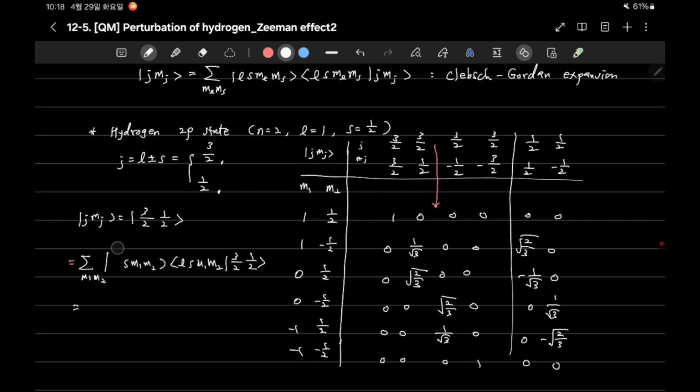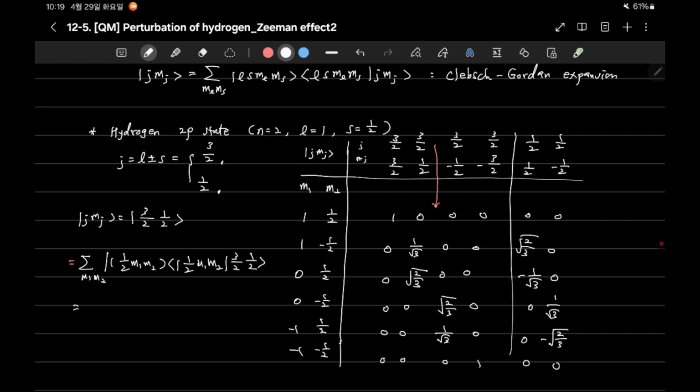So the non-zero M1 M2 are 1 and minus 1/2, and 0 and 1/2.